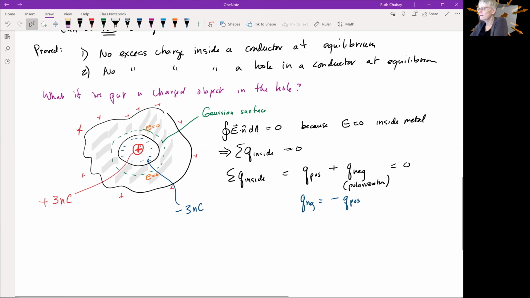Well, how much positive charge is there on the outer surface? Well, to find that, we'll draw a different Gaussian surface that's actually here in the air. And so Gaussian surface 2.